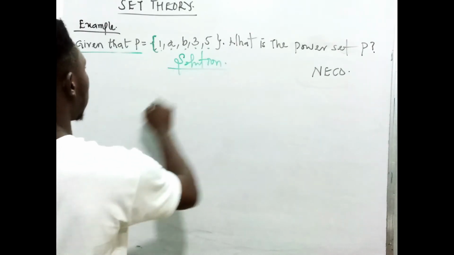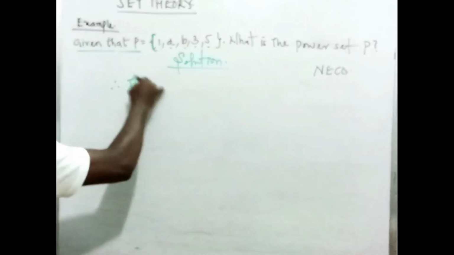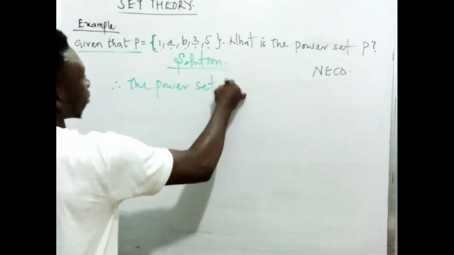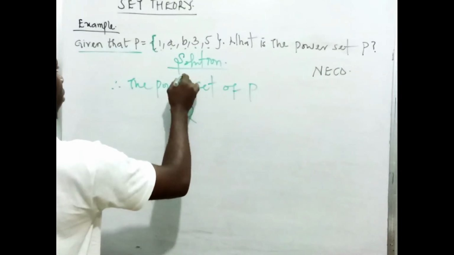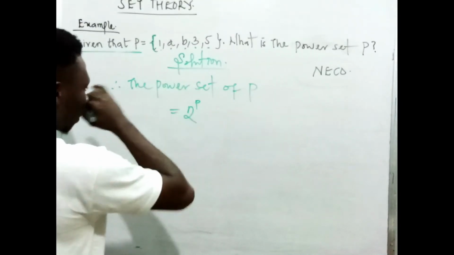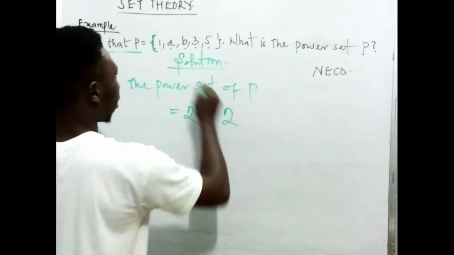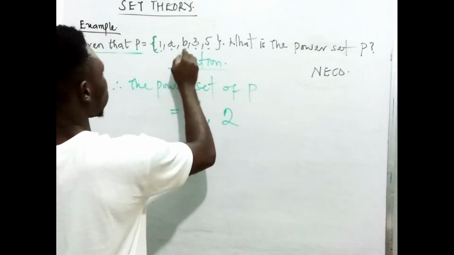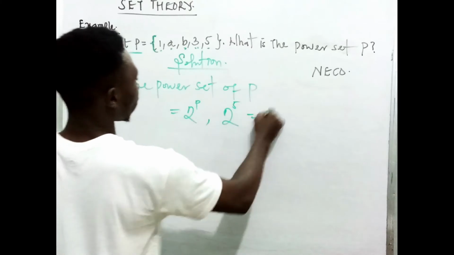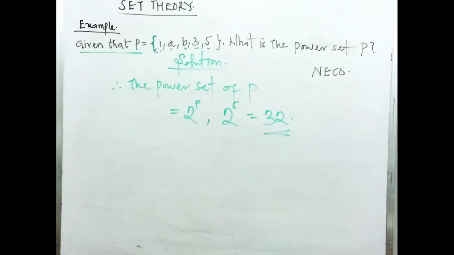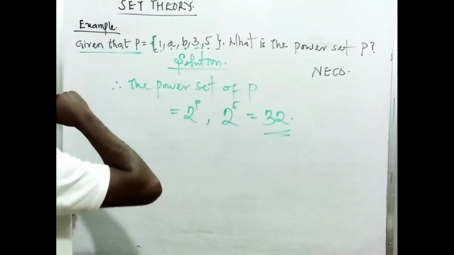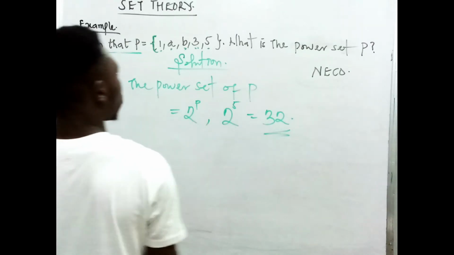The cardinality of the power set of P is equal to 2 raised to the power of the cardinality of P. So this is now 2 raised to power, what is the cardinality of P? 1, 2, 3, 4, 5. That is equal to 32.